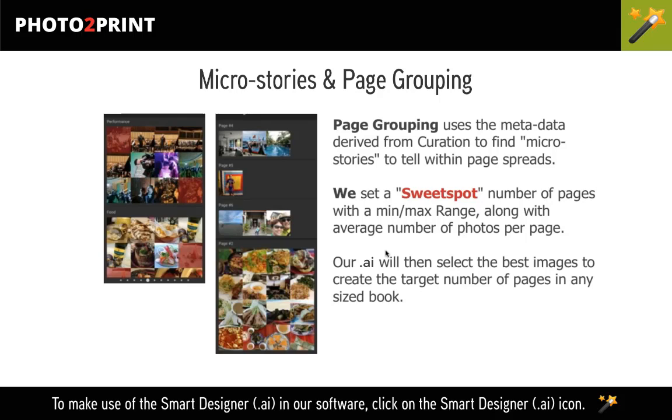But what might be nice is a collage of all the different meals we had during our holiday, in one small collage, not taking up every single page, but just one page. So that's kind of a micro story. That's the idea here. Similar pictures, maybe your day at the beach, maybe you're inside the forest or at the restaurant, and it'll group those pictures together to create these micro stories.